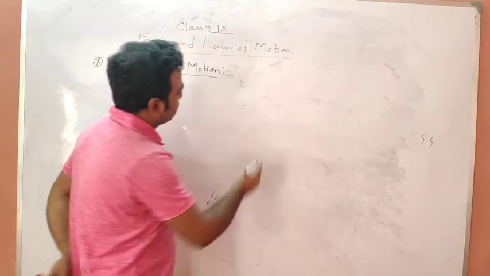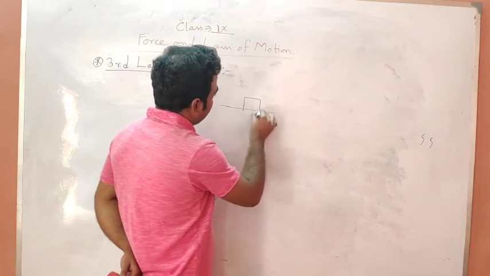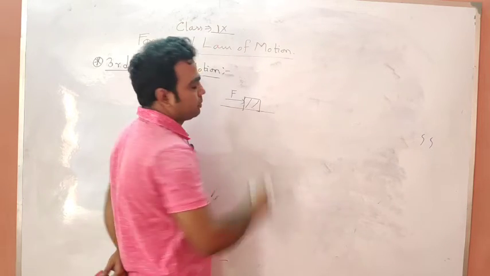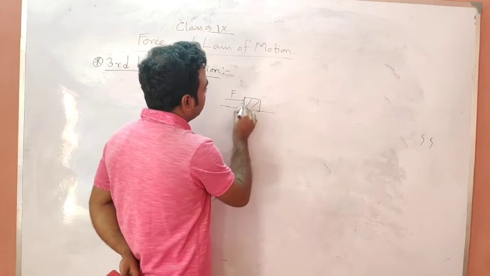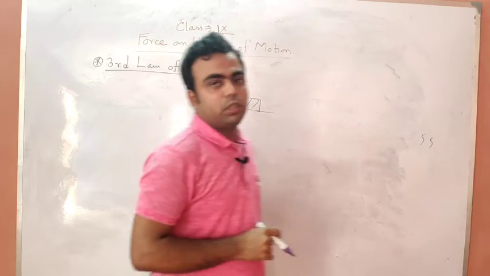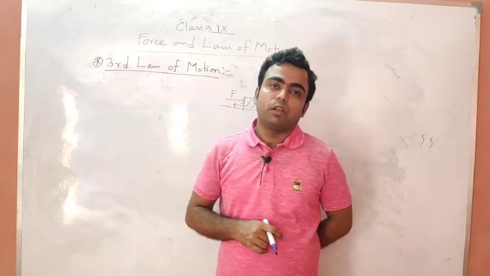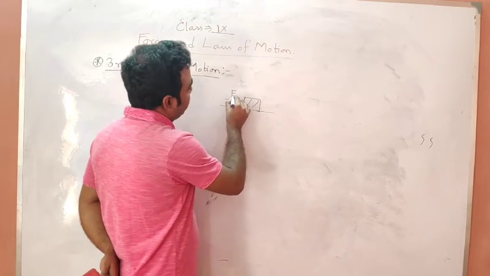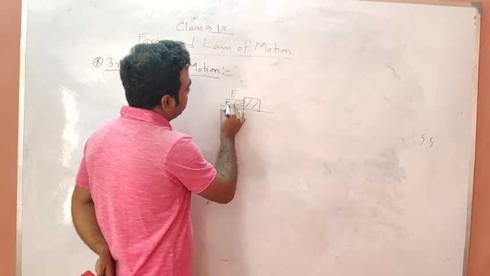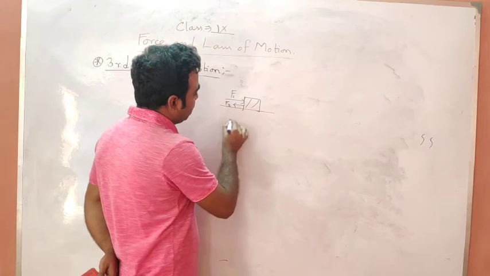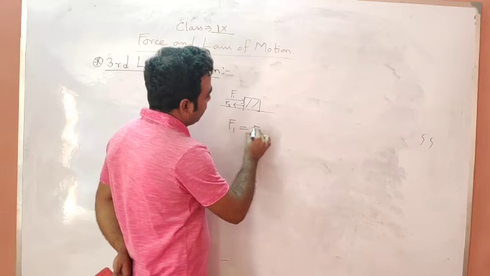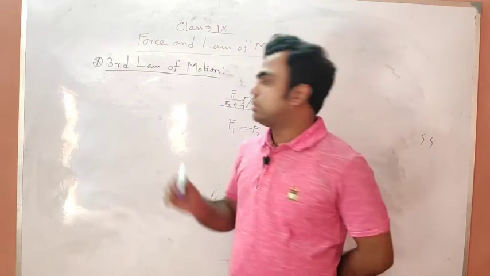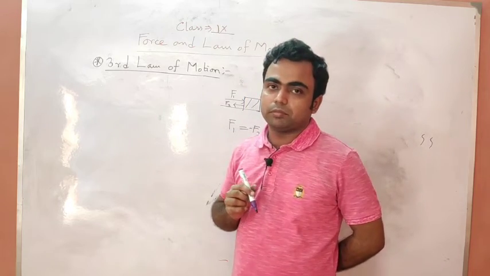Third law of motion says, suppose an object is kept here, and we apply a force F, then this object also gives the same amount of force to the body, but the direction will be opposite. That means if it gives F1 amount of force and the other gives F2, then F1 equals minus F2. The minus comes for the directions.